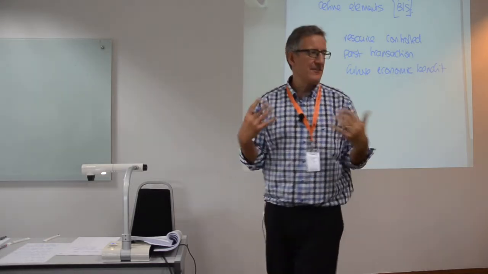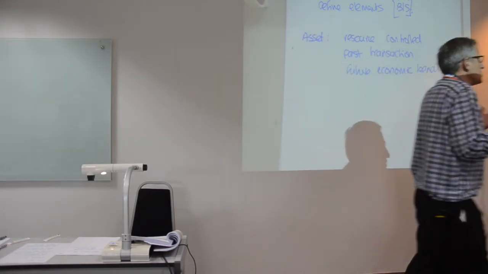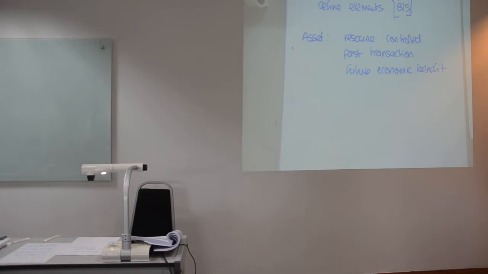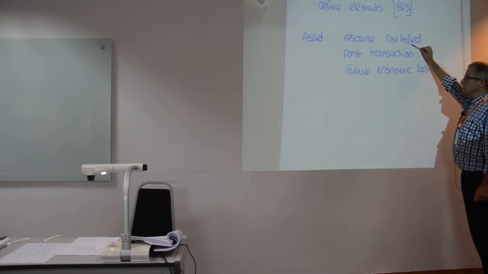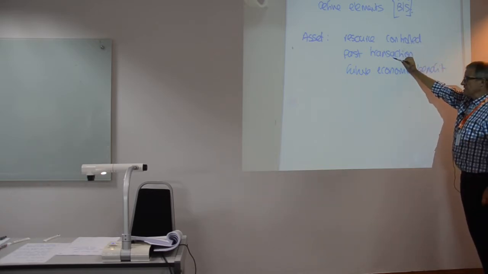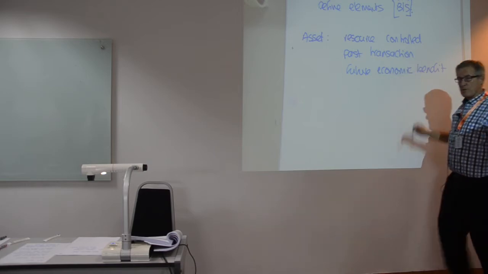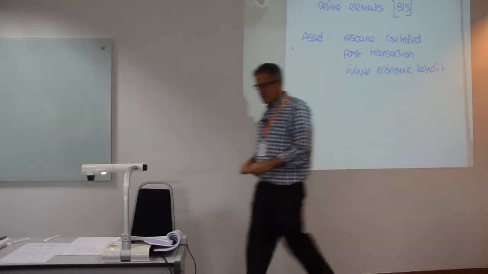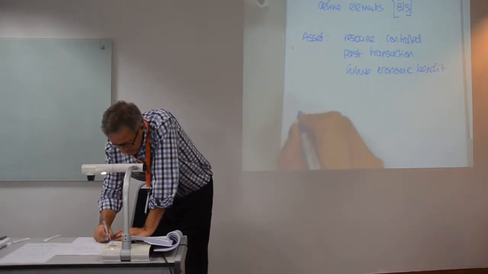So economic benefit in a cartoon way is cash comes in. But it means that you're better off, and you are better off if you're going to save costs in the future. So an asset is a resource that is controlled as a result of a past transaction or event with a future economic benefit.